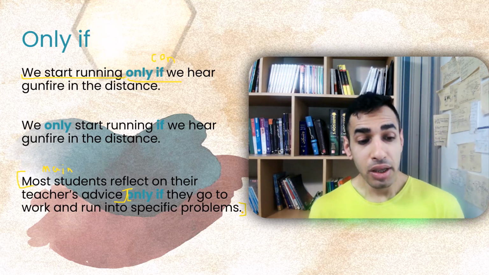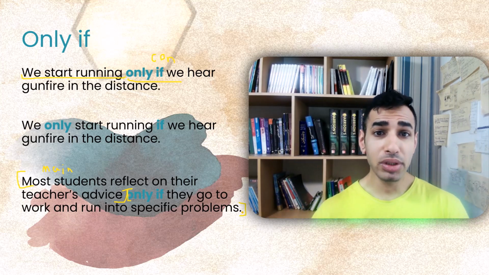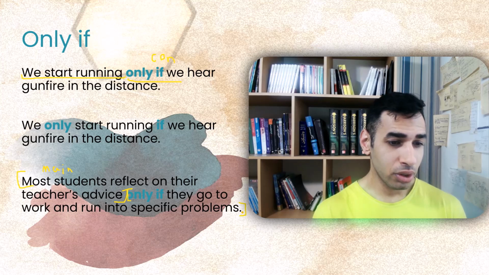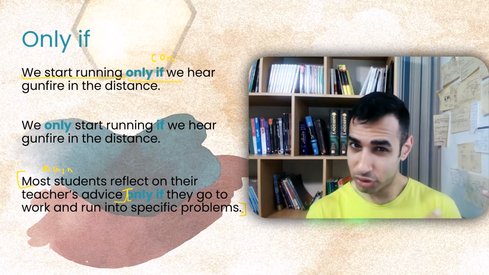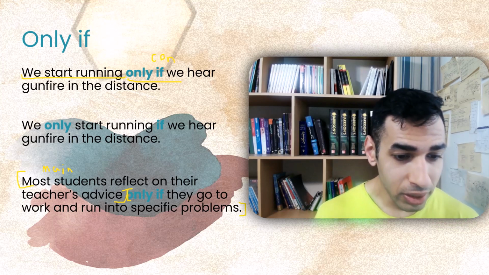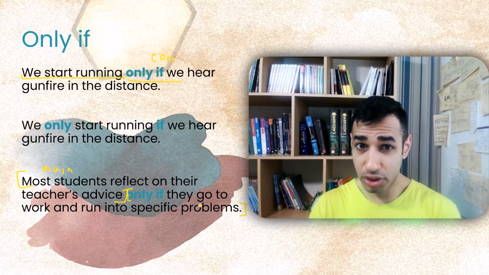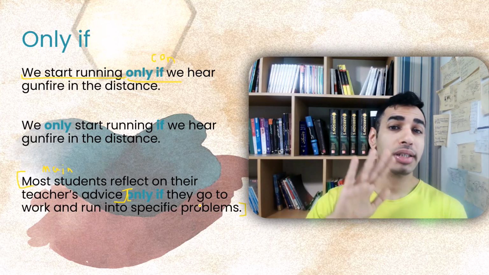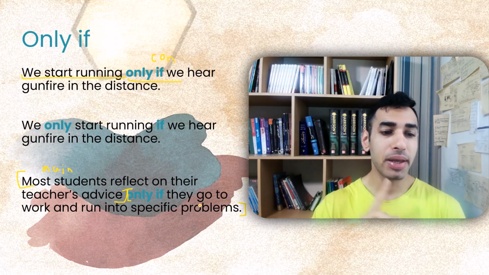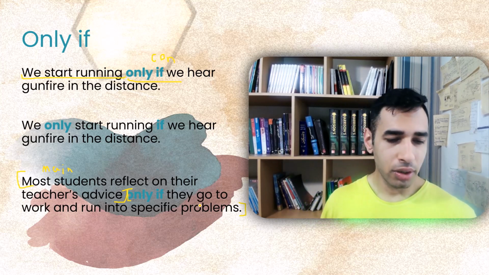It means these students must go to work and run into specific problems in order to reflect on the teacher's advice. So the second one happens first. The second clause, the conditional clause, must happen in order for the main clause to be true.